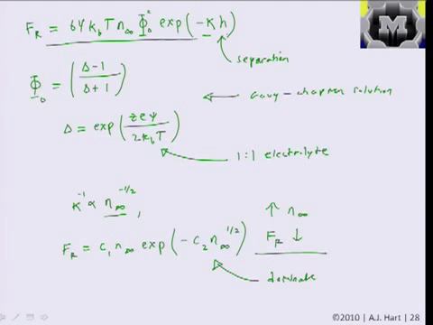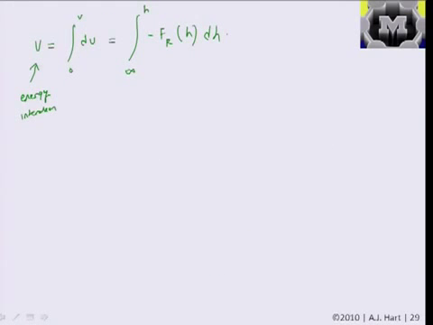So it just says that we acquire another kappa in the expression for the interaction energy, and therefore the interaction energy U as a function of h is just the same expression as the force times another Debye length times the exponential of minus h kappa.